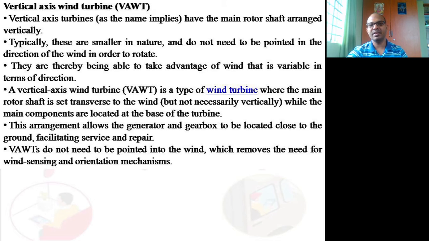The VAWT is a type of wind turbine wherein the main rotor shaft is set transverse to the wind, but not necessarily vertically, while the main components are located at the base of the turbine. So obviously the servicing and repairing will be easier, and they do not need to be pointed into the wind, which removes the need for wind sensing and the orientation mechanism.